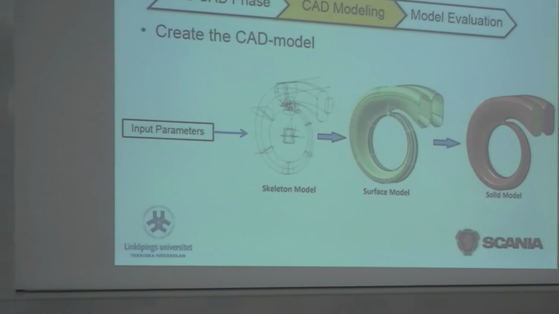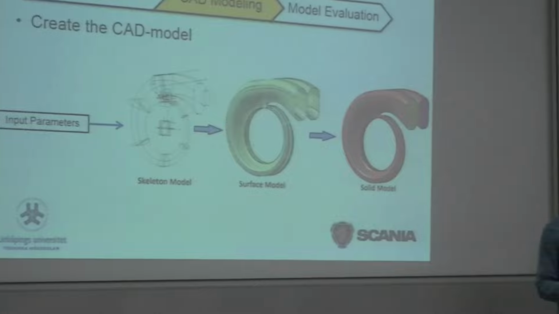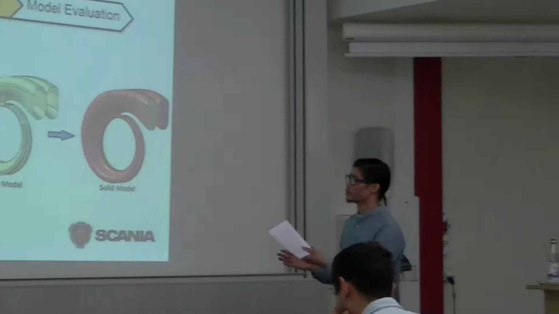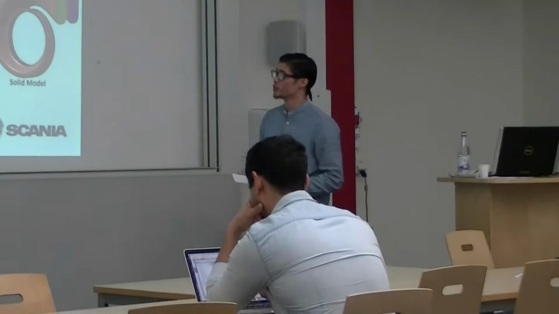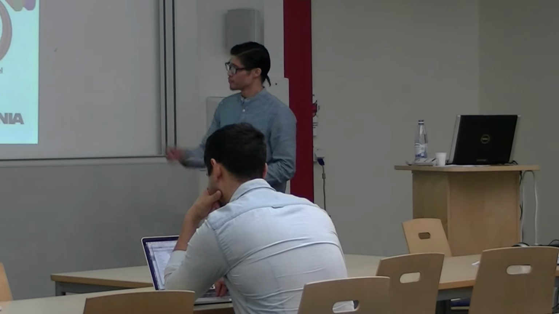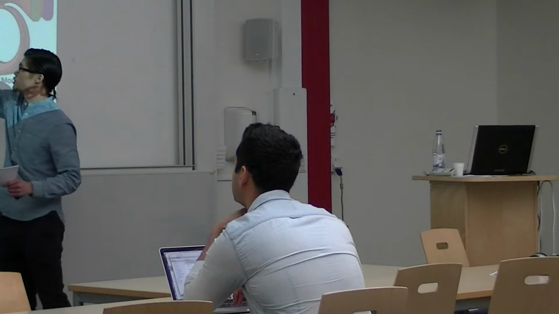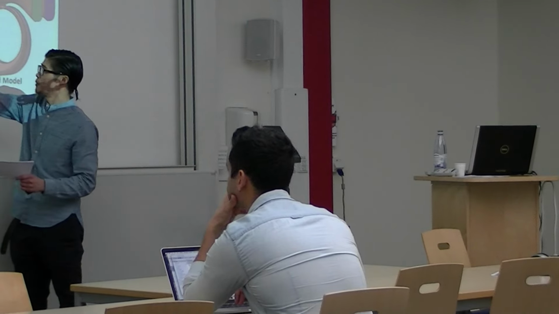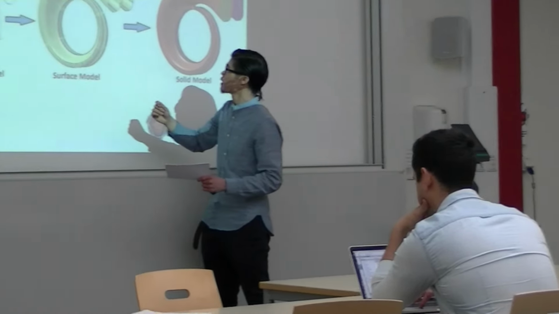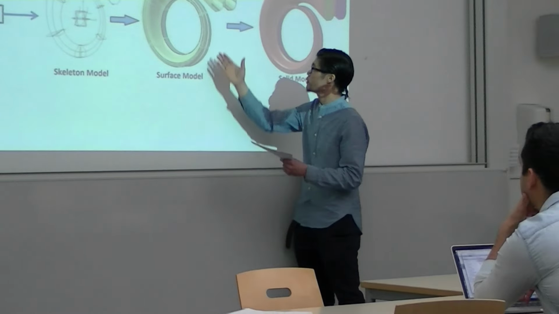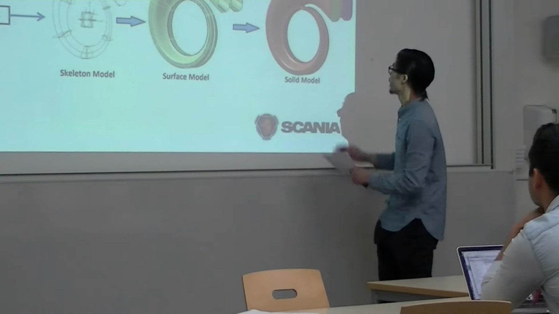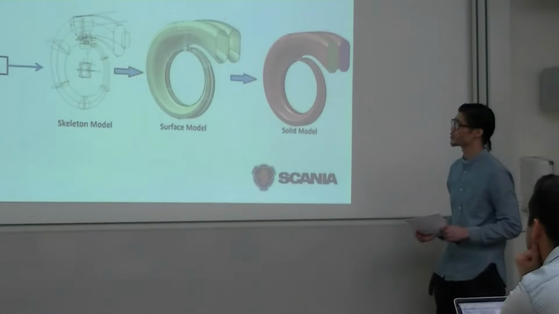And this is the model that you use to control your entire model. It is basically as a skeleton in a human being. And using that one, we create an enclosing surface by using the elements in the skeleton model. And in turn, by using the surface model, I create my solid, which is the final product.